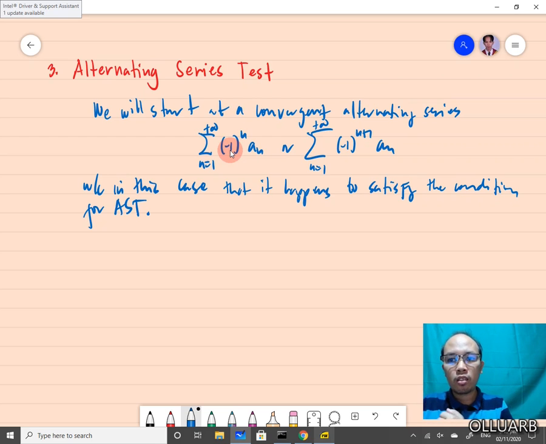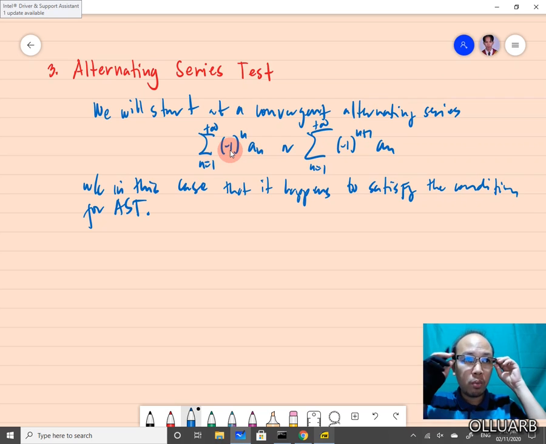Okay, so meaning our a sub n is greater than or equal to 0, meaning it's positive and decreasing for all n. Okay, and also we note that in this discussion we will be using this one.